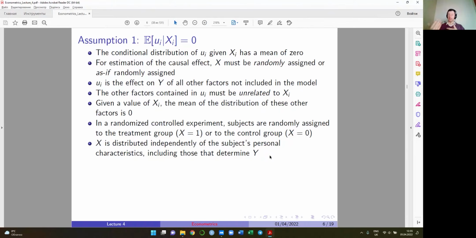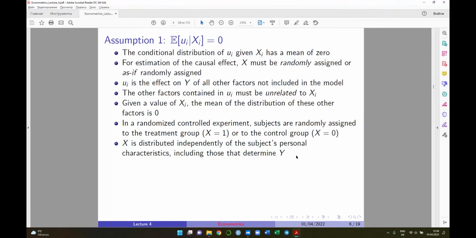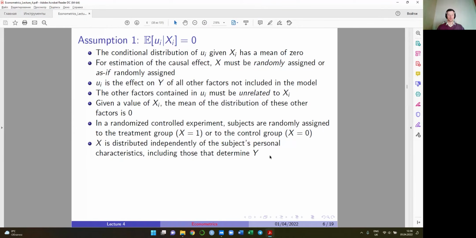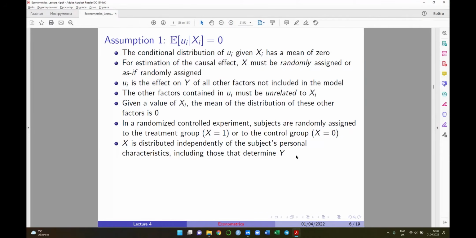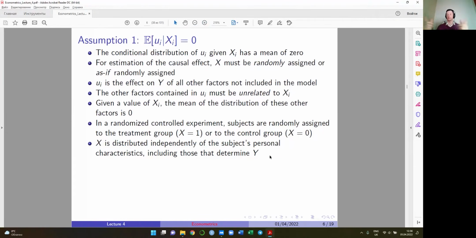And in this case, there are personal characteristics that can influence the outcome, and the outcome here is going to be the speed, the period of time when the person becomes healthy. It's going to be influenced by the personal characteristics, and we don't want this to happen.